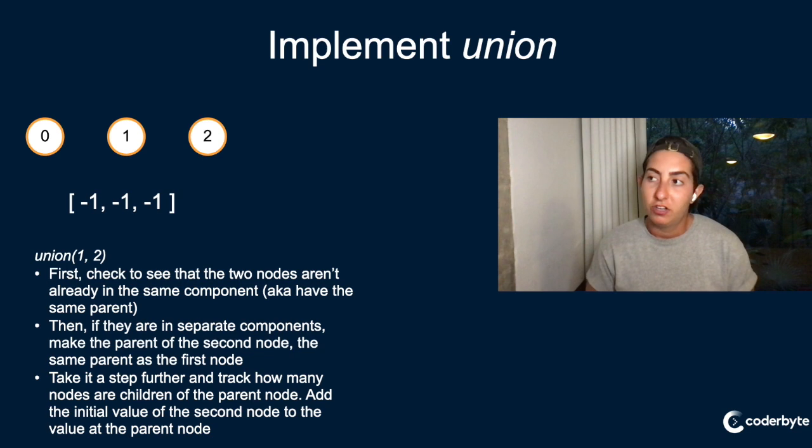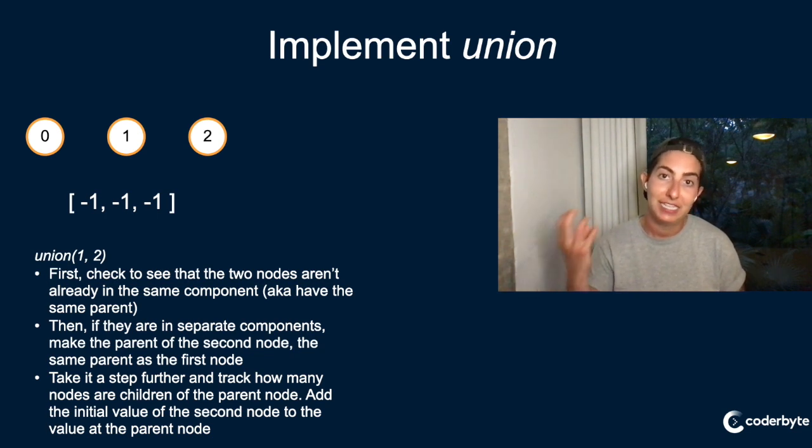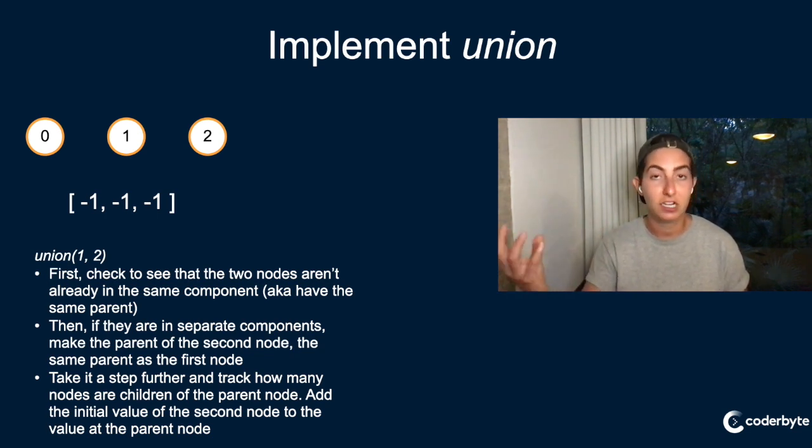So what we can do is before we call union, we can grab hold of the value of that second node. We are going to take the size of the component it belongs to, and add it to whatever node is becoming the parent.